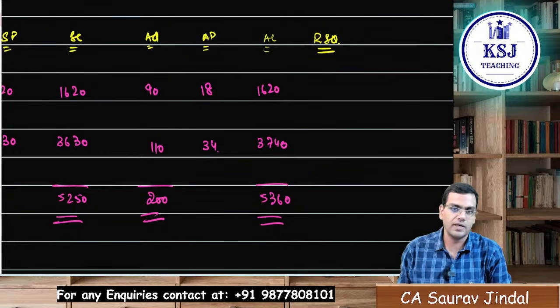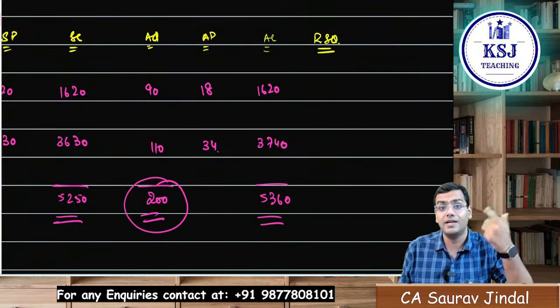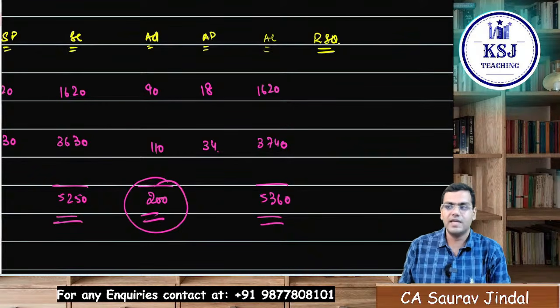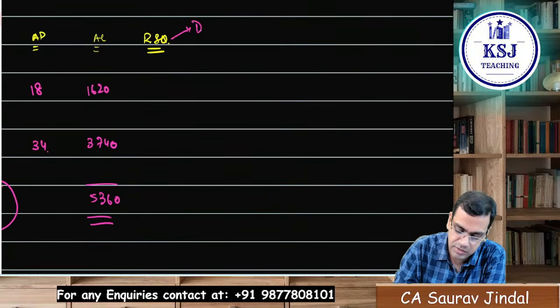Now, what is the revised standard quantity? Revised standard quantity is the distribution of actual quantity in the standard ratio, the standard proportion. Remember the Lalaji, right?